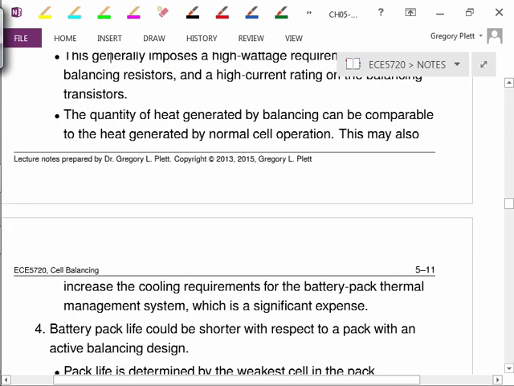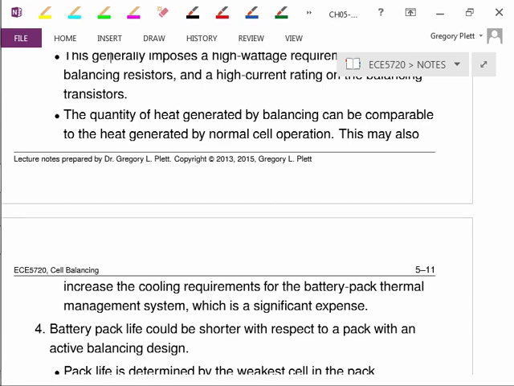And also, the heat that I'm generating by passively balancing can be similar in order of magnitude to the heat generated just by normal cell operation. Even though I'm passing hundreds of amperes through battery cells, they have resistances on the order of a milliohm, whereas I'm passing much less current through a balancing resistor, but it has a higher resistance than a milliohm, and overall the total heat may be very similar.